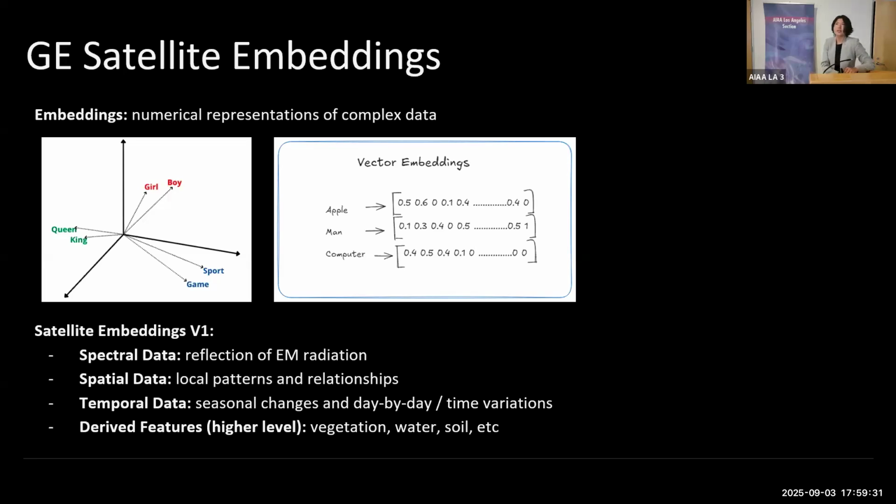where you're distinguishing words from each other. You can see on the chart to the left, words are initially represented as vectors, which are arrows pointing out from the origin point. Words such as girl and boy are very close together. Queen and king are close together. Sport and game are close together, but those groupings are far apart.